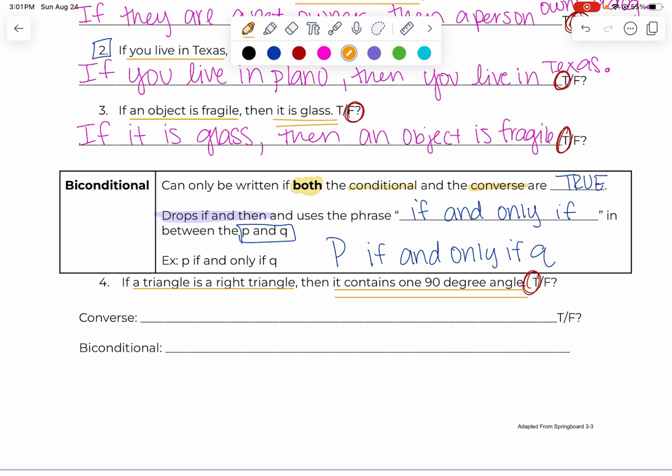So our conditional, that's the original. Now we need to write the converse. We need to flip it. So if the conclusion goes first, it contains one 90-degree angle, then our hypothesis, a triangle is a right triangle.